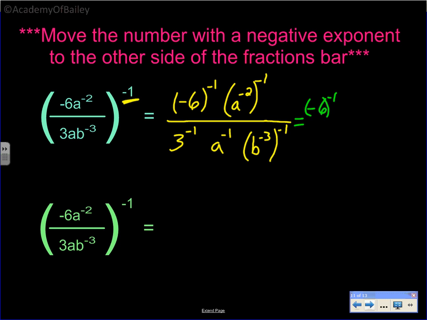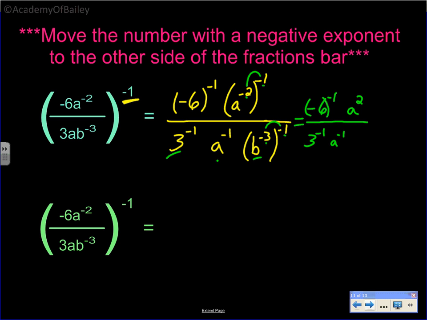Now, if we have a to the -2nd power raised to the -1st power, you know if you have a power raised to a power, you multiply those. So -2 times -1 will give you a +2. On the bottom, 3 to the -1st power, a to the -1st power, and right here, b to the -3 raised to the -1st power.